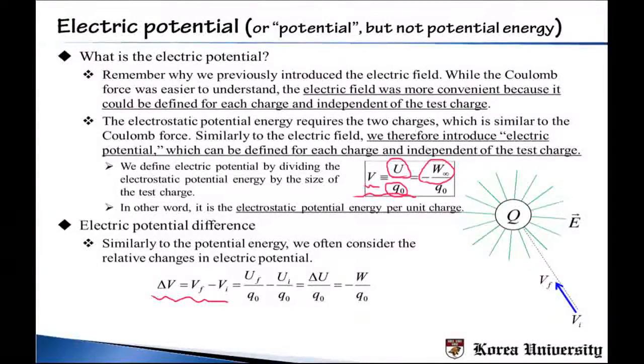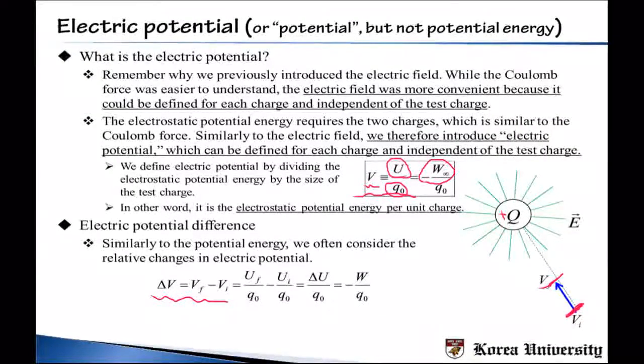What is VI? VI will be the electric potential at this location. Before, we considered that the test charge is located at this position, but in the case of electric potential, we now disregard the test charge. So without a test charge, the electric potential coming from this large positive Q will be VI here, and VF here. The difference is written as delta V.